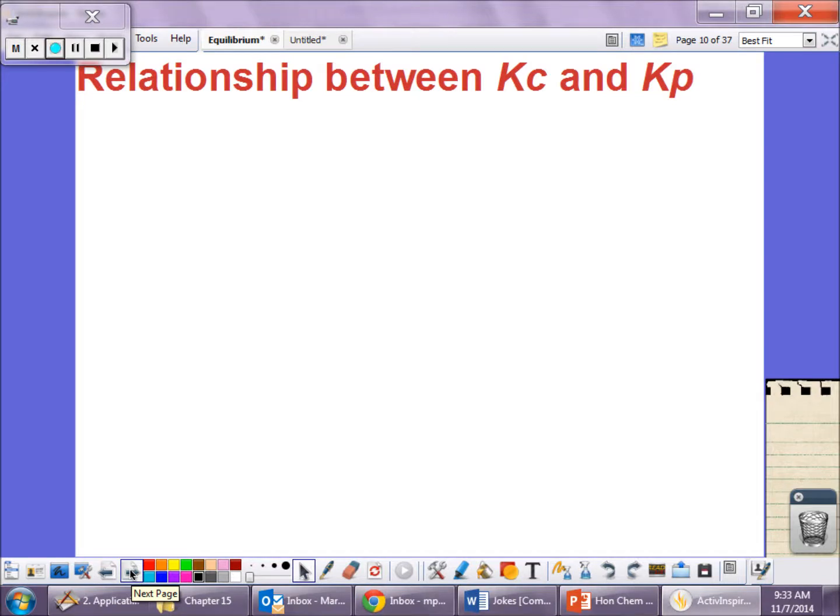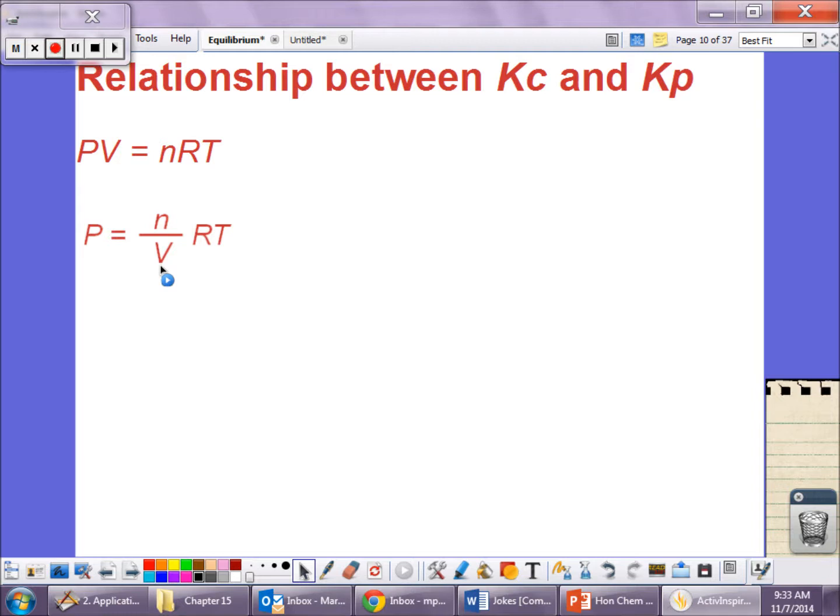Relationship between Kc and Kp: they are not the same. You cannot interchange Kc for Kp, so listen carefully. If you remember your ideal gas law, PV equal nRT, therefore I can write P equal n over V times RT. Number of moles over volume gives me molarity.